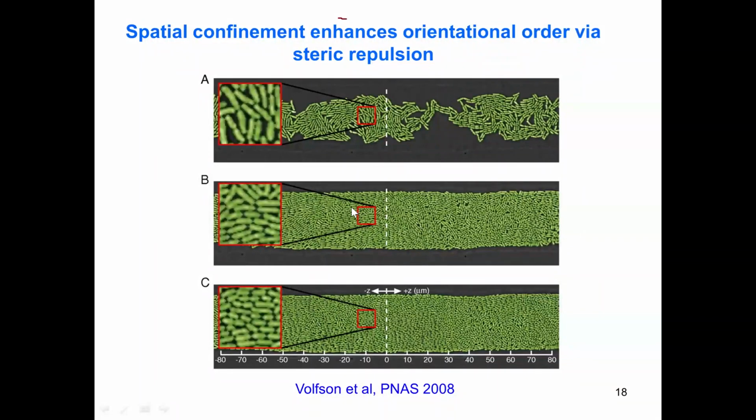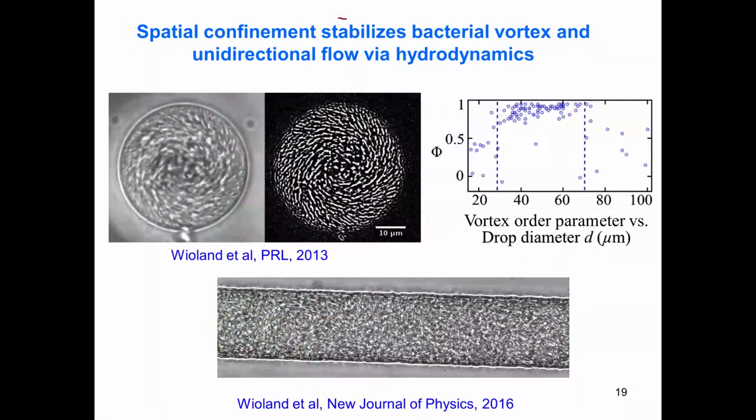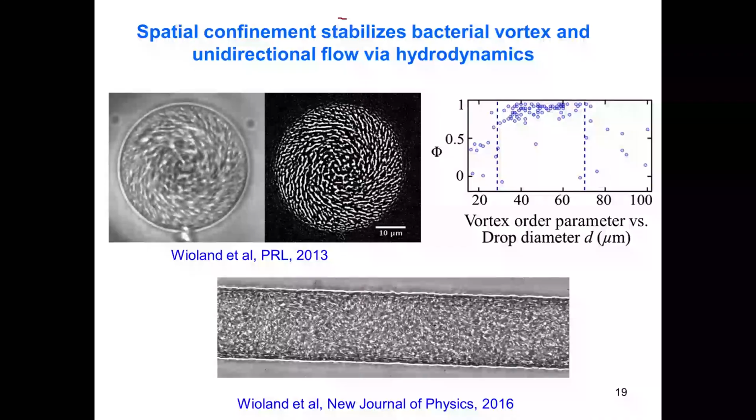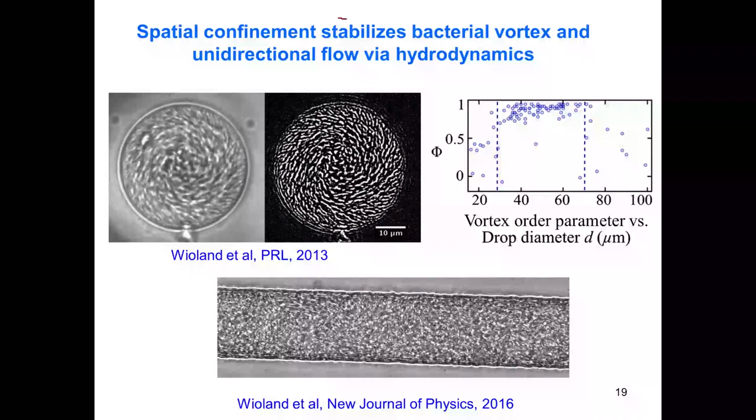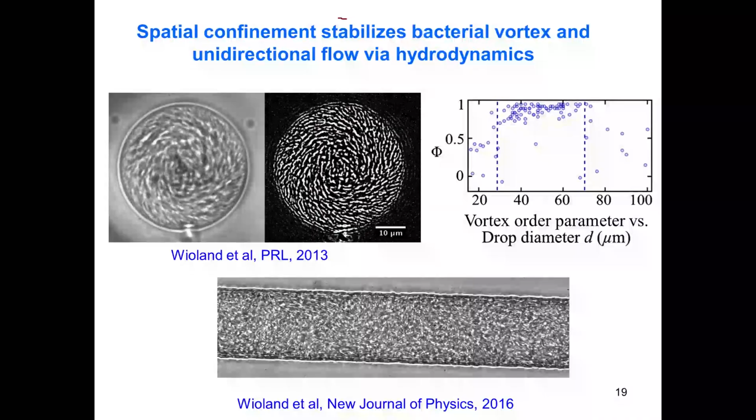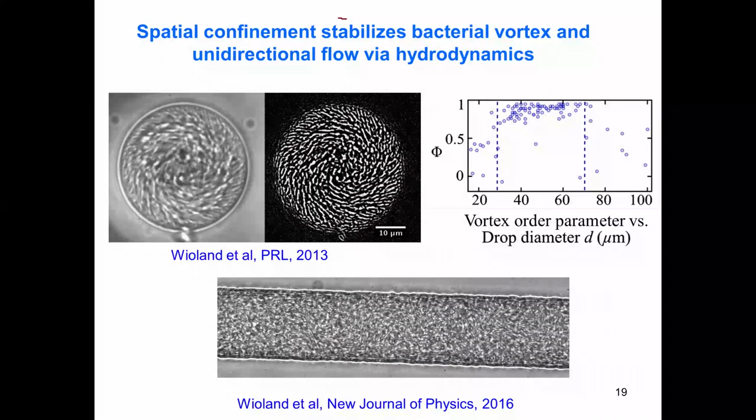So these rods can be our bacteria, non-motile ones. If these bacteria are motile, then as shown by Ray Goldstein's lab years ago, these motile cells in circular confinement can develop spontaneously into vortices.